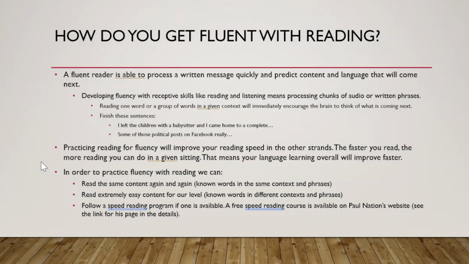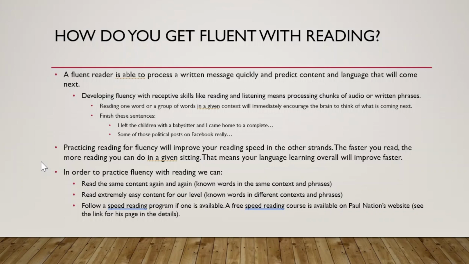and we're pushing to process that information faster. If you are a fluent reader, that means that you're not just involved with understanding and figuring out the text, but you're also anticipating what's coming next. If you see a word or phrase, your brain is just anticipating what will come next.